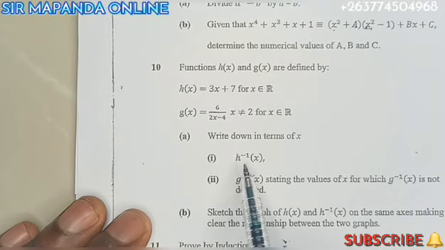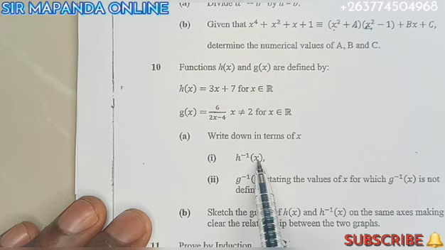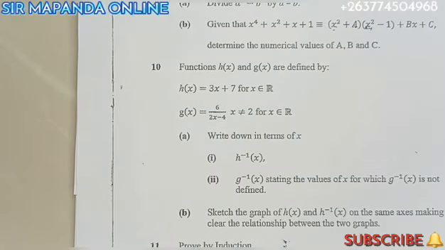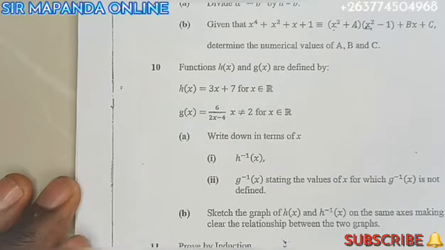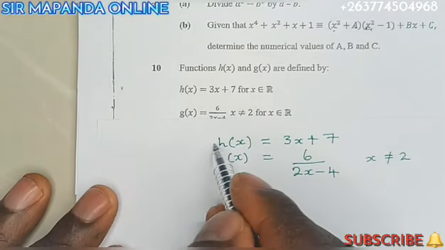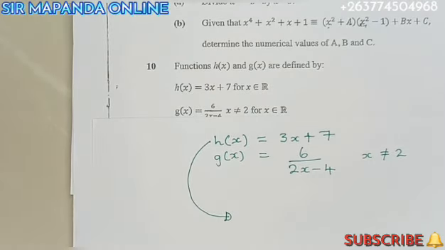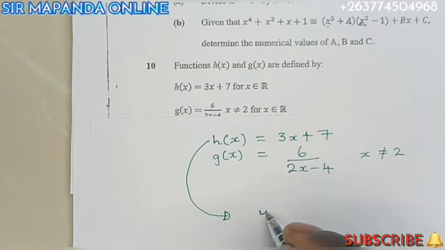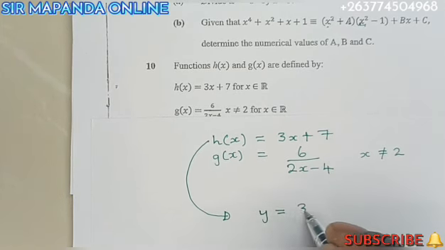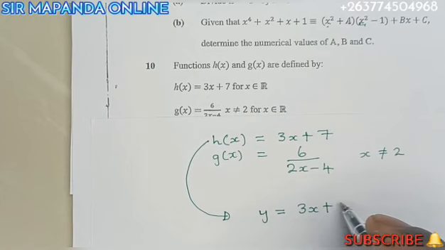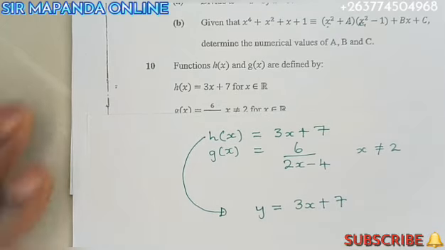Write down in terms of x the inverse of h. h to the power of minus 1 means inverse of h. So to find inverse of h, right, you first of all represent h of x by y. So you are going to write y is equals to 3x plus 7.